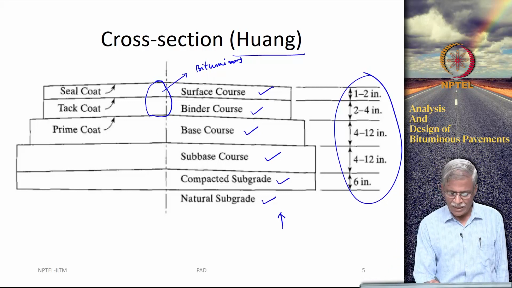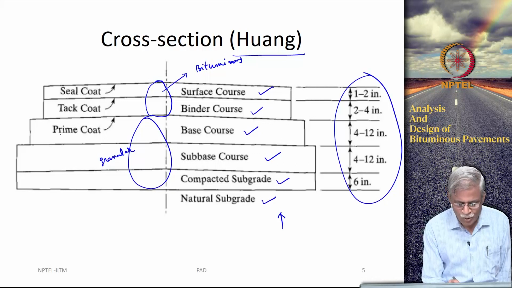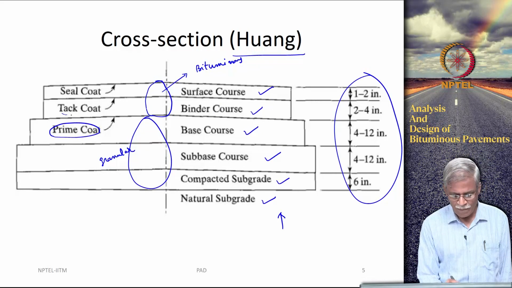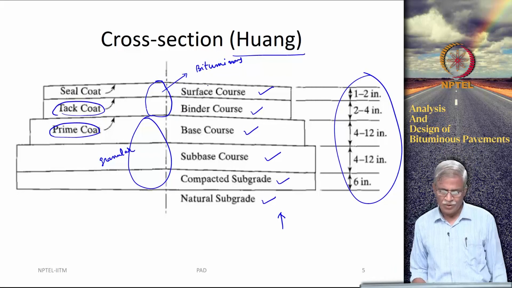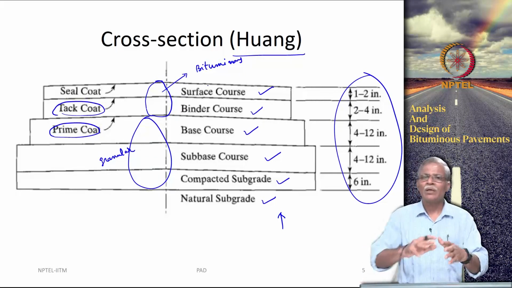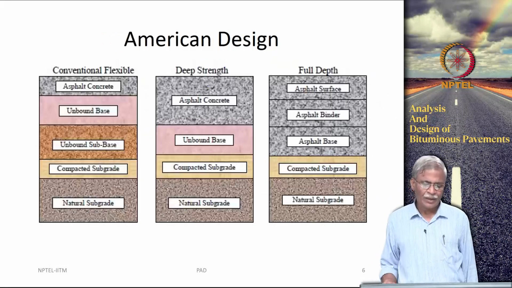Then these three layers are granular material, and then you also have a prime coat between the base course and the binder course, and a tack coat between the binder course and the surface course. It is not necessary that you need to provide a seal coat, but you can see that it is provided here, right.